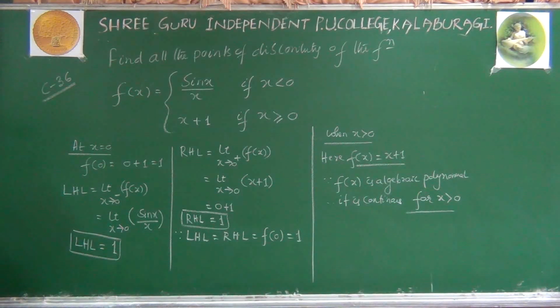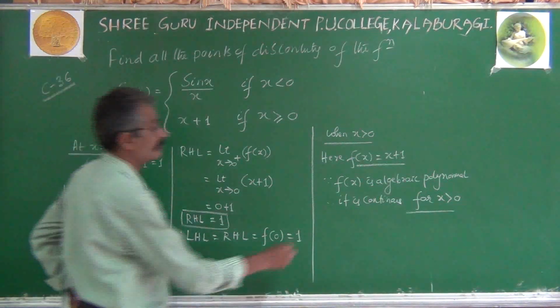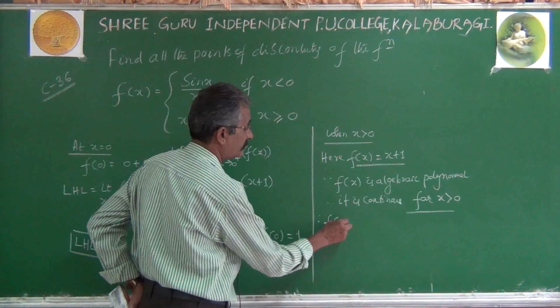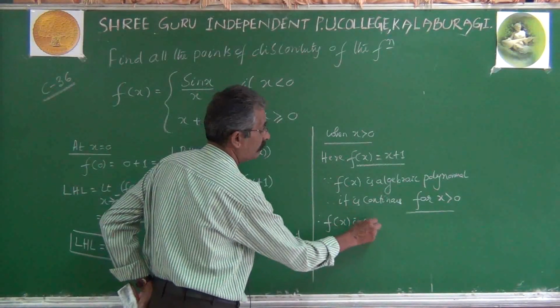So what we can assert is that the function is continuous. Therefore, f x is continuous at x equal to 0.